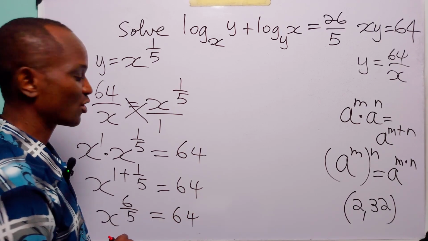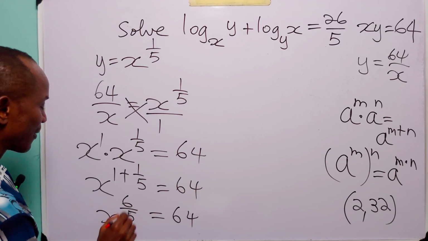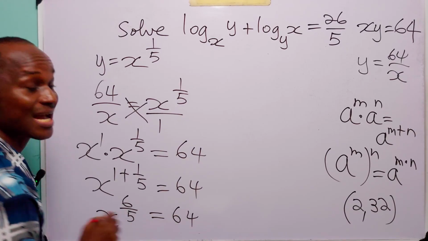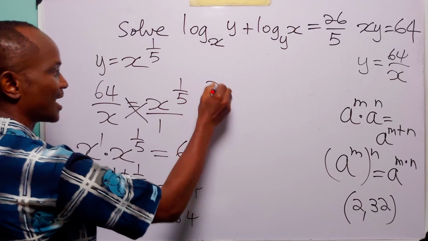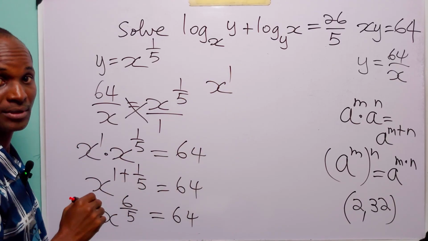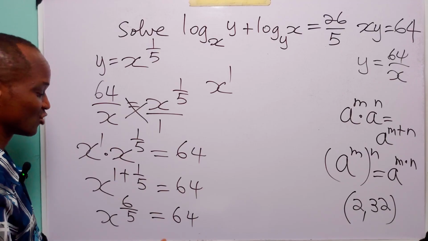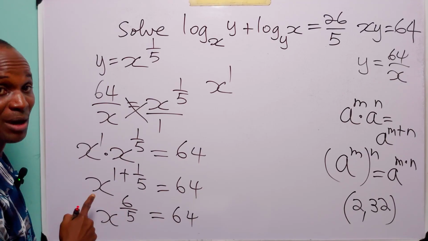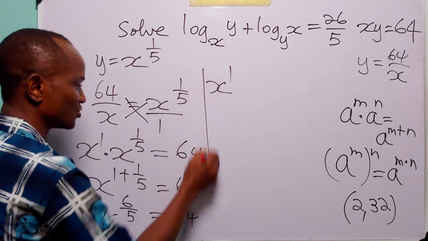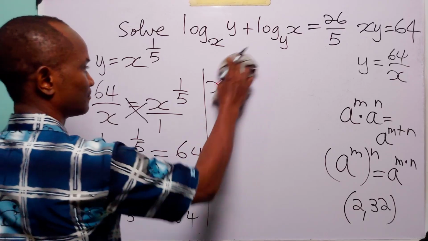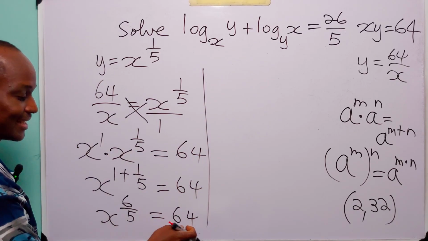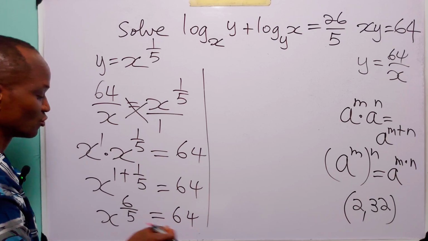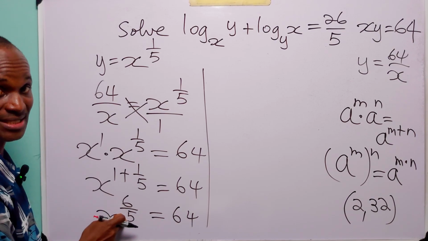Once more, the question becomes, to what power are we going to raise both sides of this equation so that on the left-hand side we have x to the power 1? And of course, you know that that power is going to be the reciprocal of this power. So what we are going to do is raise both the left-hand side and the right-hand side of this equation to power 5/6.